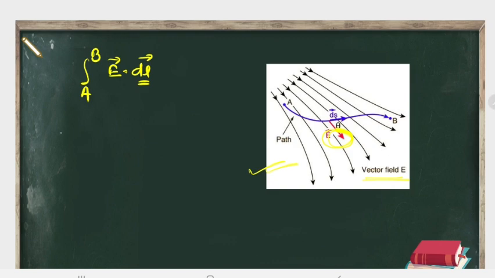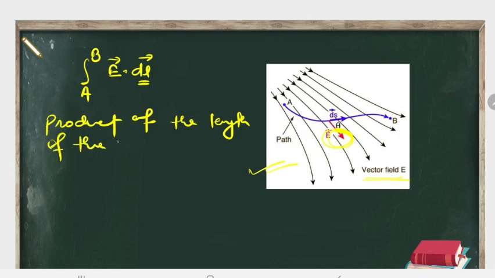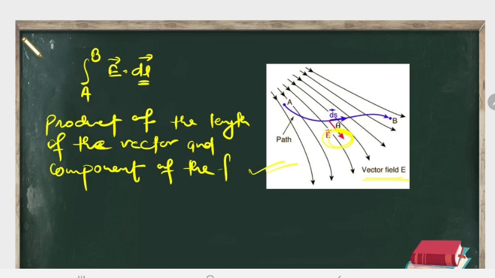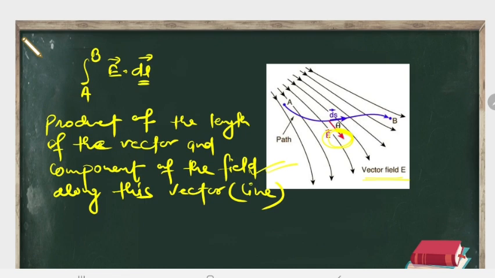So this is the product of the length of the vector and the component of the field along this vector, or you can say this line, at every point of the line.